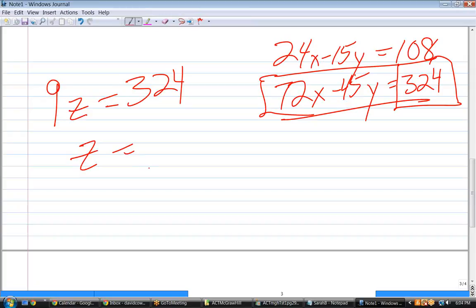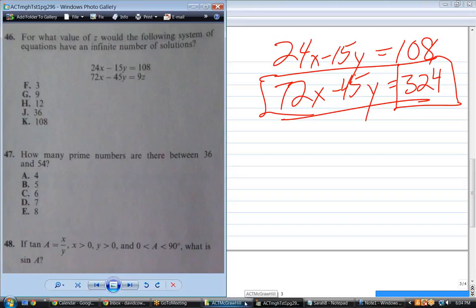And then what do you get? 36. And that's the answer. In other words, if z is 36, then this second equation becomes 72x minus 45y equals 324, and it's an exact multiple of 3 of the first equation, which means you would have an infinite number of solutions.